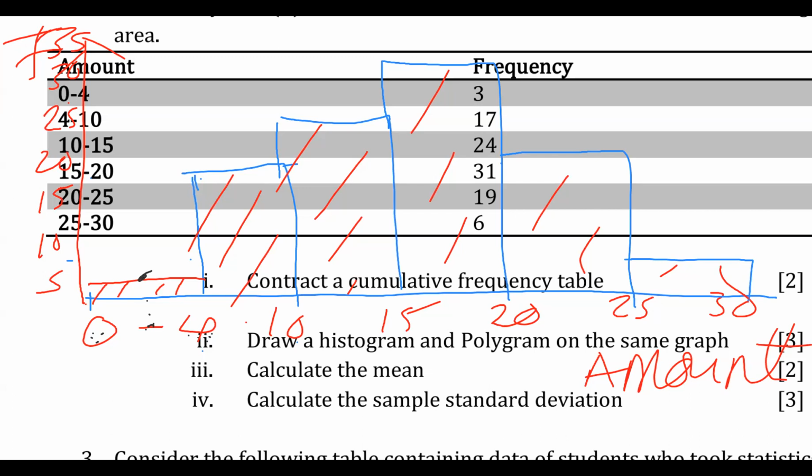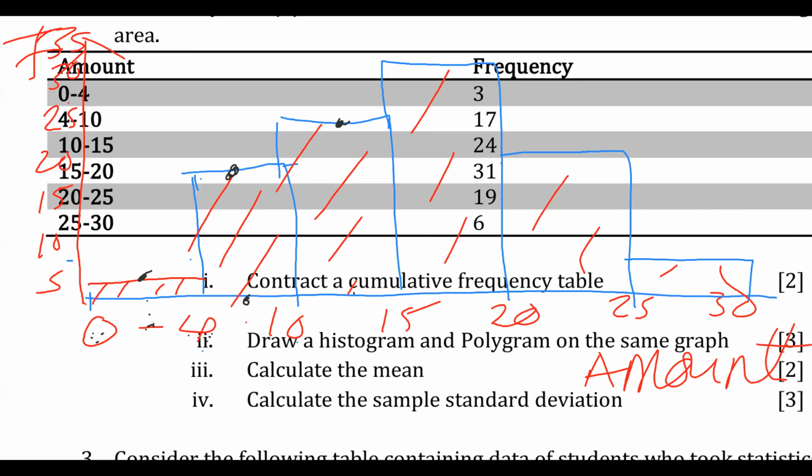And again, you come to the class between 4 and 10. 4 plus 10 is 14, divided by 2 is 7. So somewhere here there is 7. 7 is marked against the frequency, the respective frequency. And you come here, the midpoint, right? 10 plus 15, divided by 2, you have 12.5. 12.5 is marked against the frequency here, which is 24.